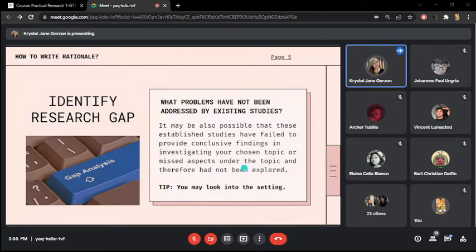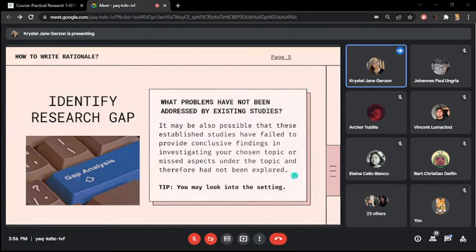Sometimes in their conclusion, if they failed to really provide comprehensive and conclusive findings for the topic, they would actually put that in their conclusion, or somewhere in their abstract or recommendation. So you can make that your gap.